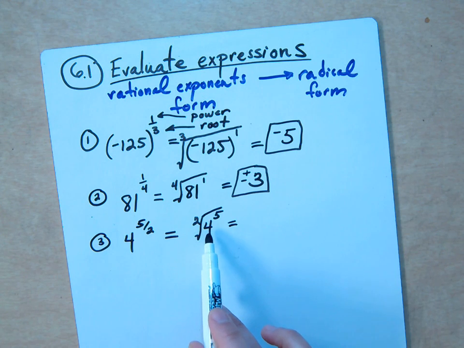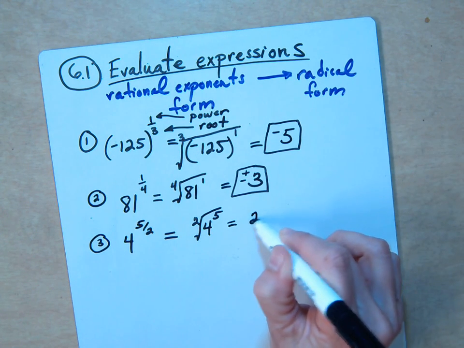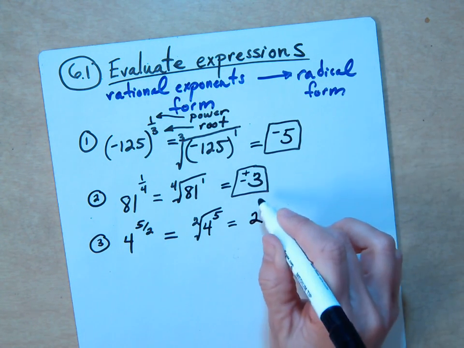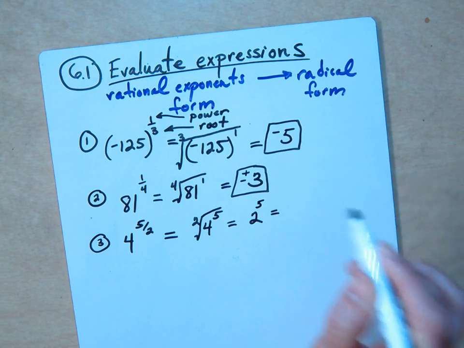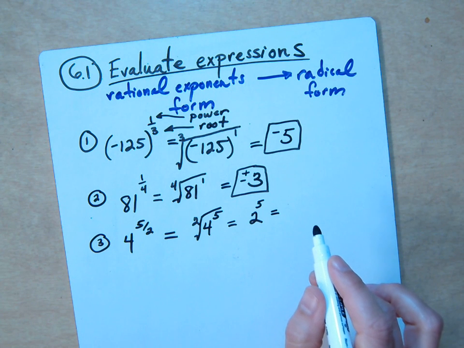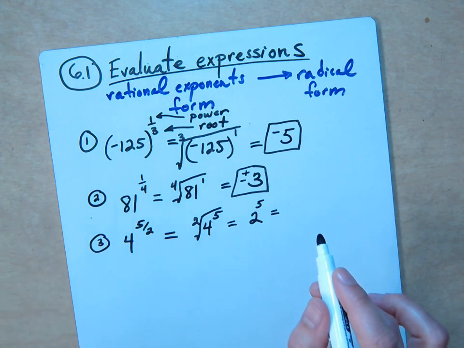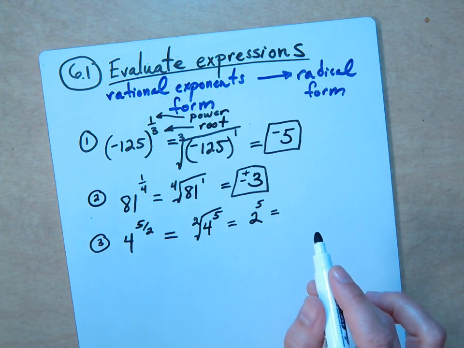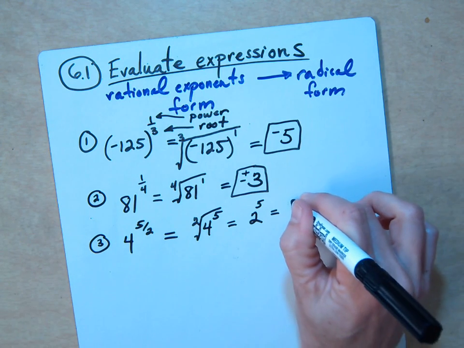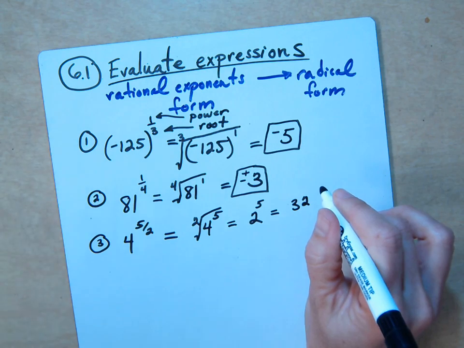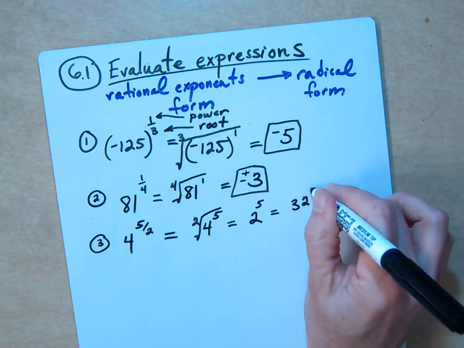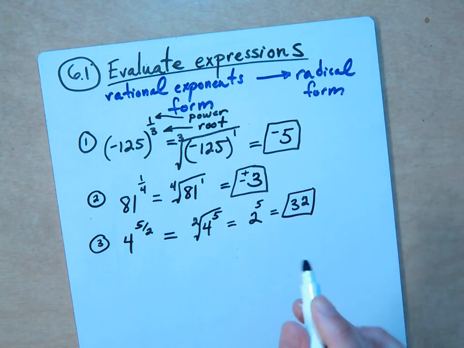What's the square root of 4? Good. So do 2 and then raise to the 5th power. And 2 to the 5th, 2 times 2 times 2 times 2 times 2 is 32. 2 times 2 is 4, times 2 is 8, times 2 is 16, times 2 is 32.